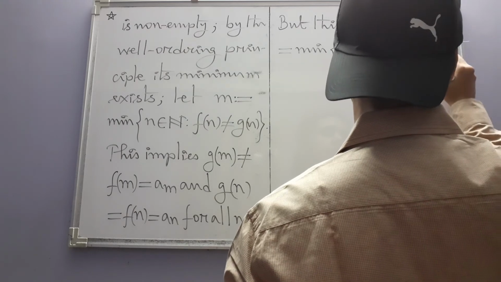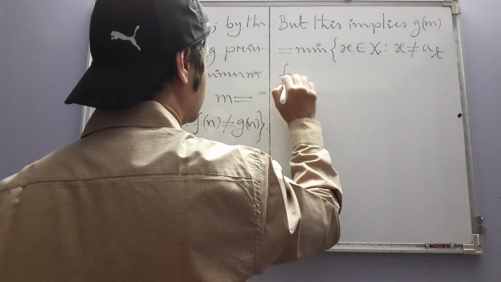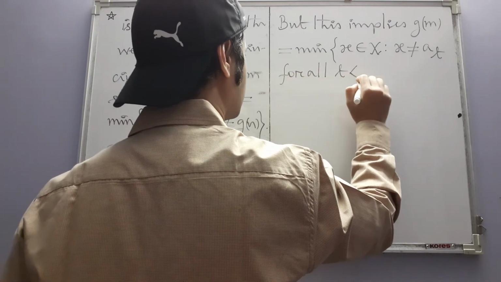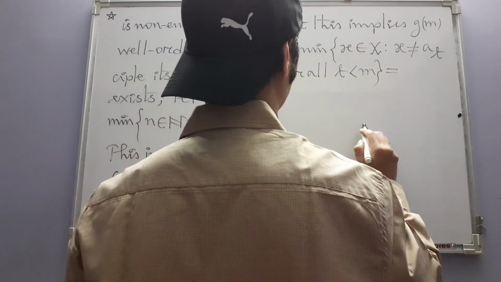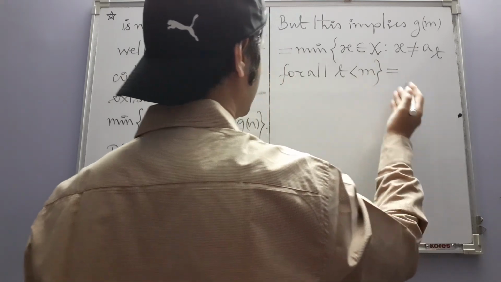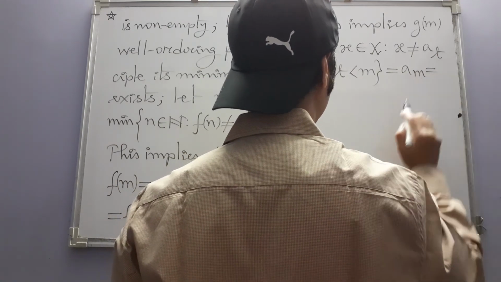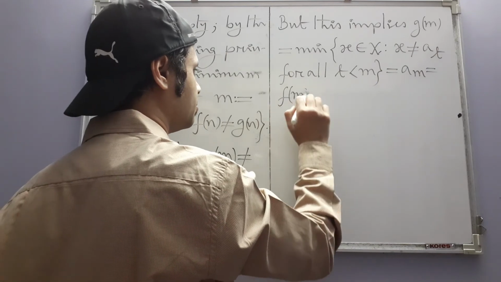T. You can use anything, but he is using t, for all t less than m, which is nothing but, by the definition of our sequence, a_m, and a_m by the definition of the function f is f of m.